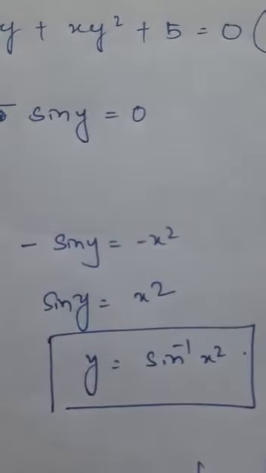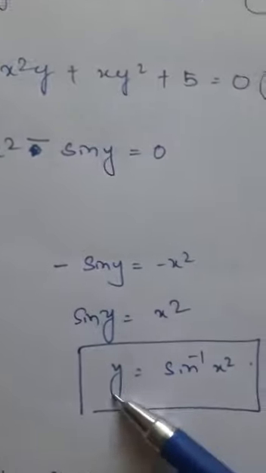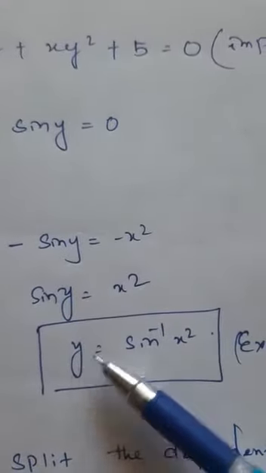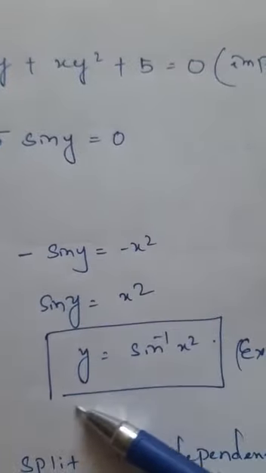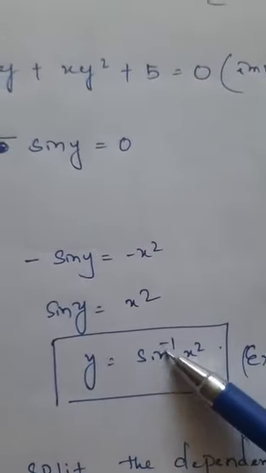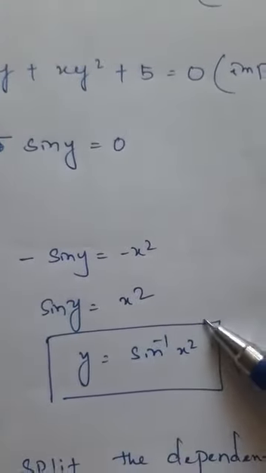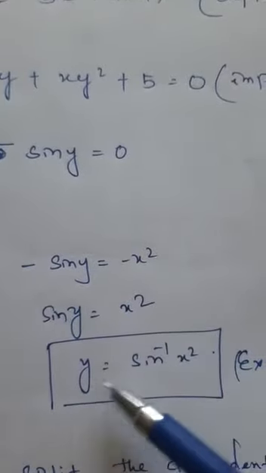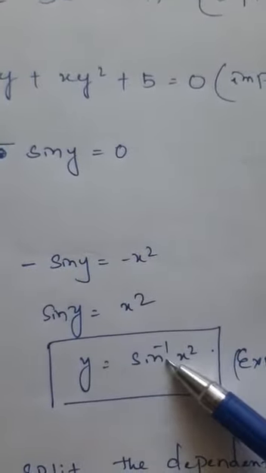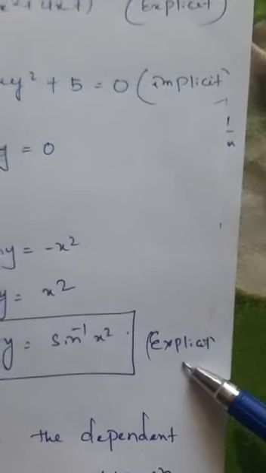On the left hand side y is present, and on the right hand side complete x terms are present. So we are able to split y and x into two different sides. So this is the case of explicit equation.